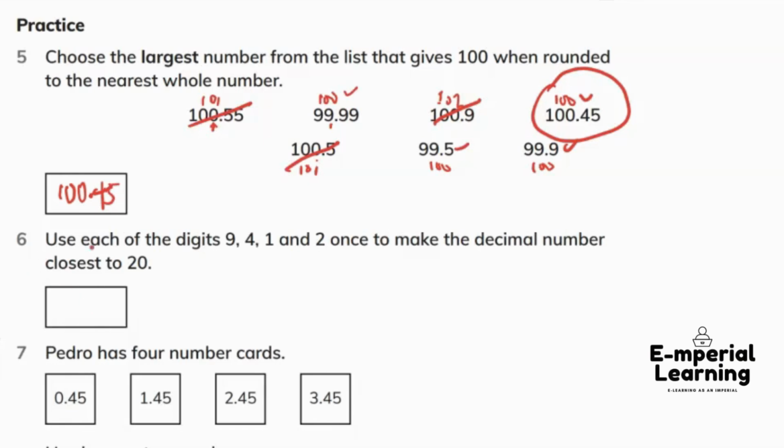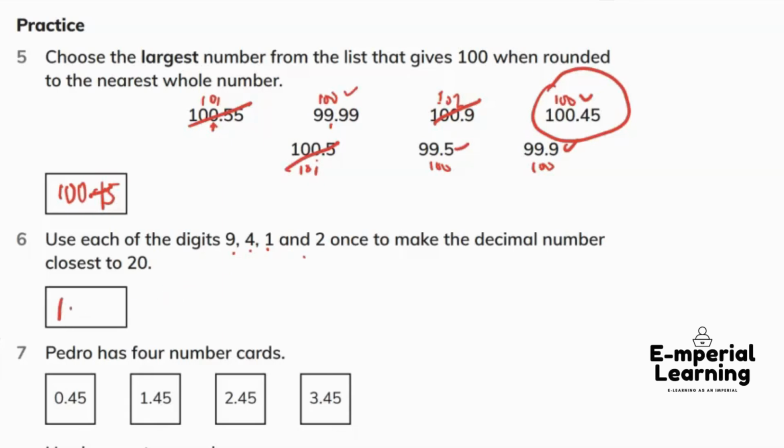Question 6, it says use each of the digits 9, 4, 1, and 2 once to make a decimal number closest to 20. Okay, we have to use these digits to make a decimal number which is very close to 20. So it should be a number close to 20. So I see a 1 here, I see a 9, right? So we can get a 19.